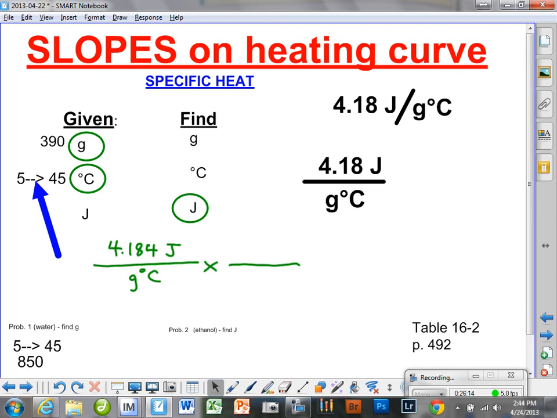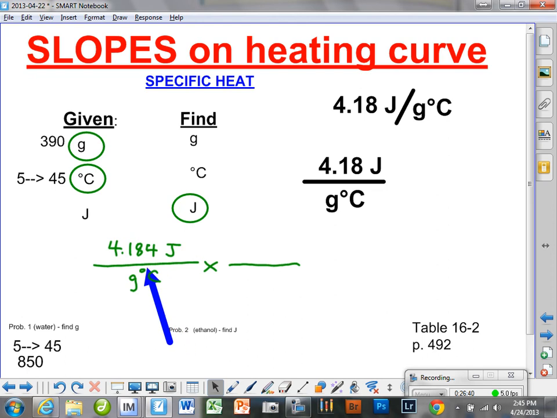Yeah, what's the temperature changed? It changed to 45. What was the temperature change itself? 45 minus 5. 40. Okay, so the temperature change, the delta T, is what I want. This degree centigrade down here is a delta C, or a delta T, I'm sorry.